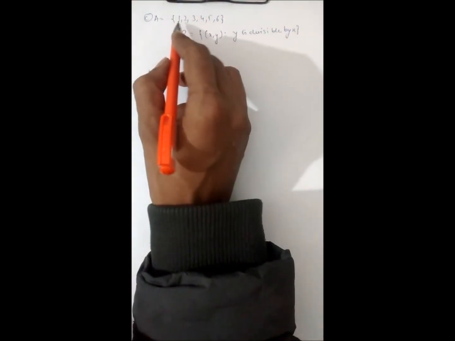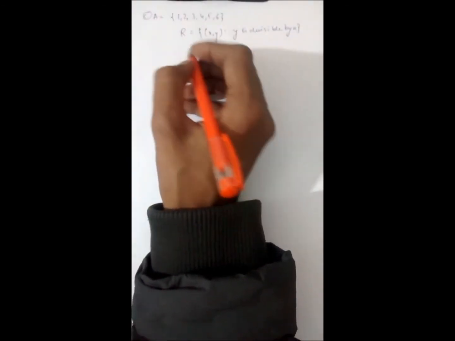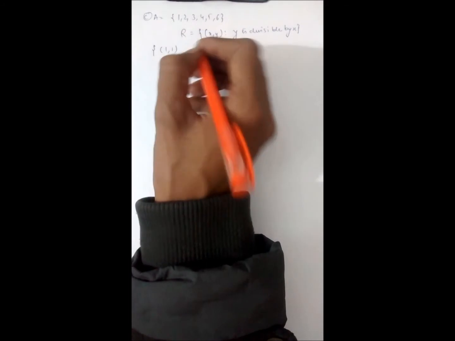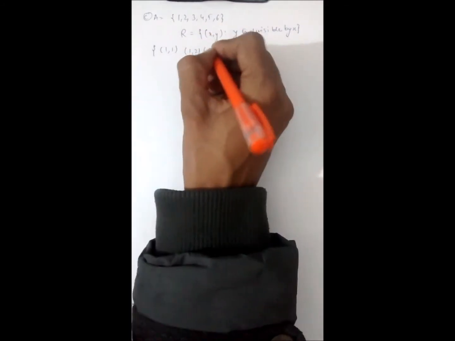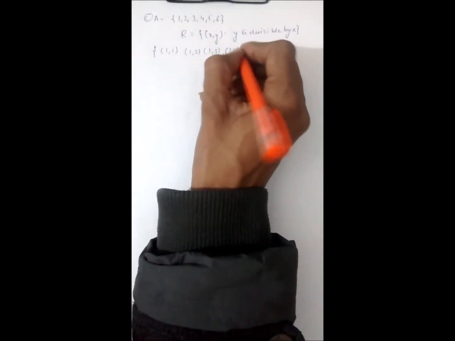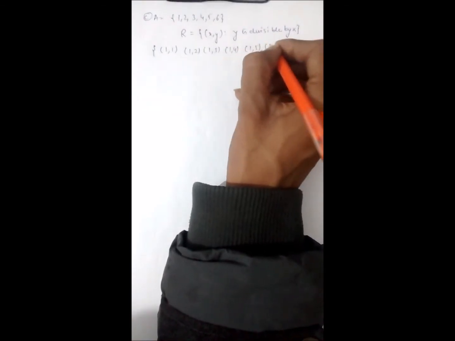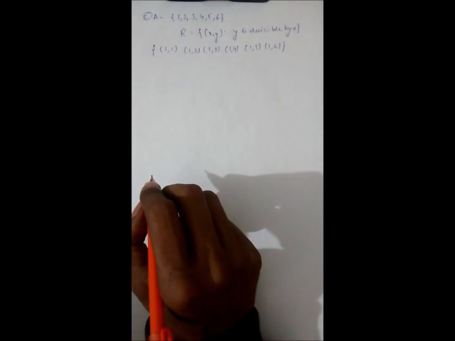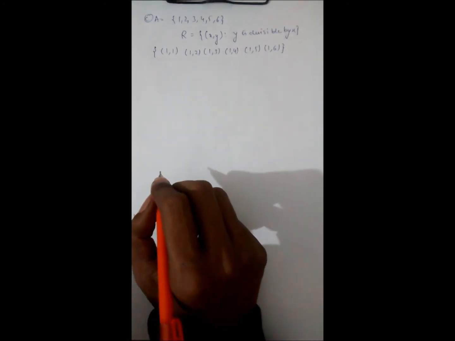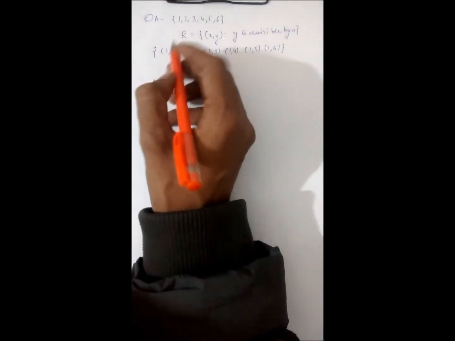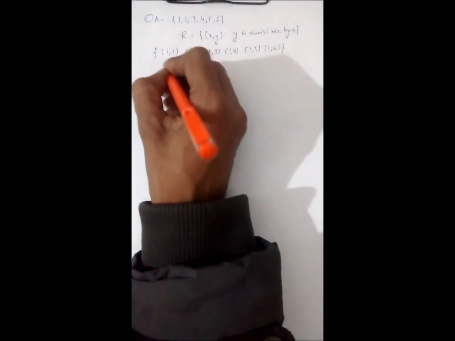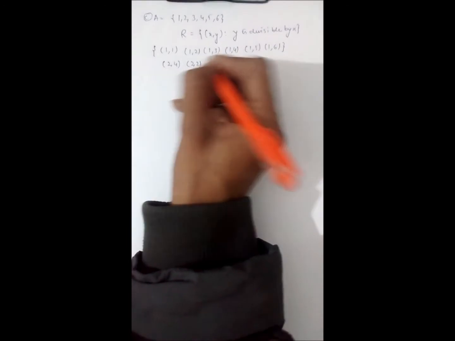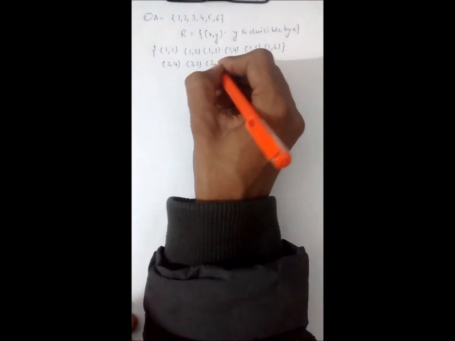Okay, so every number is divisible by 1, so clearly I can write 1,1, 1,2, 1,3, 1,4, 1,5, 1,6. Now coming to 2. When x equals 2, the possible pairs are 2,2, 2,4, and 2,6.